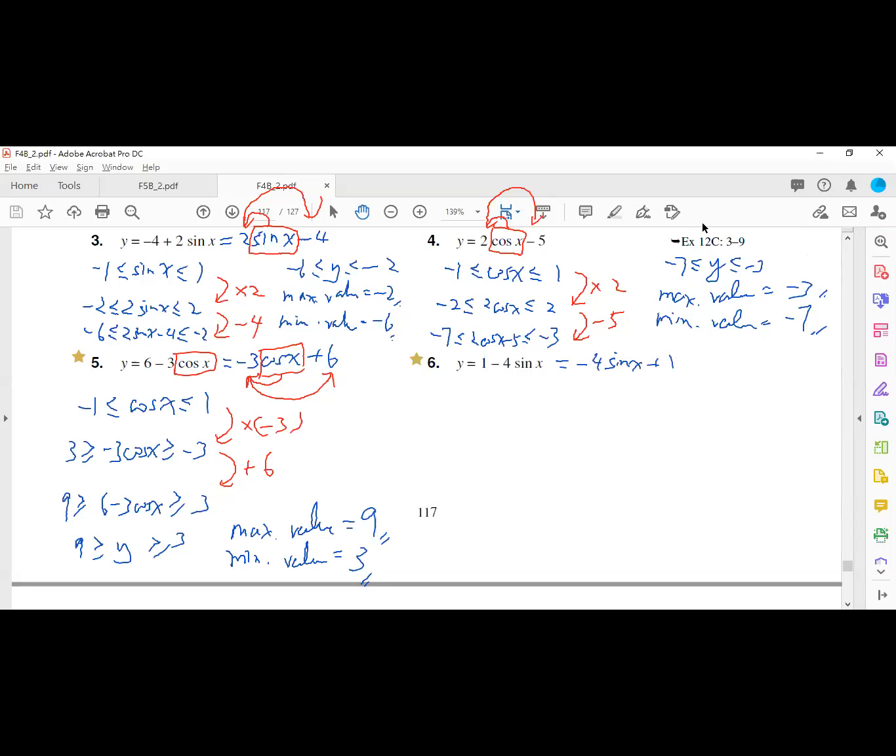In this format, we start with the sine x inequality: -1 less than or equal to sine x less than or equal to 1.